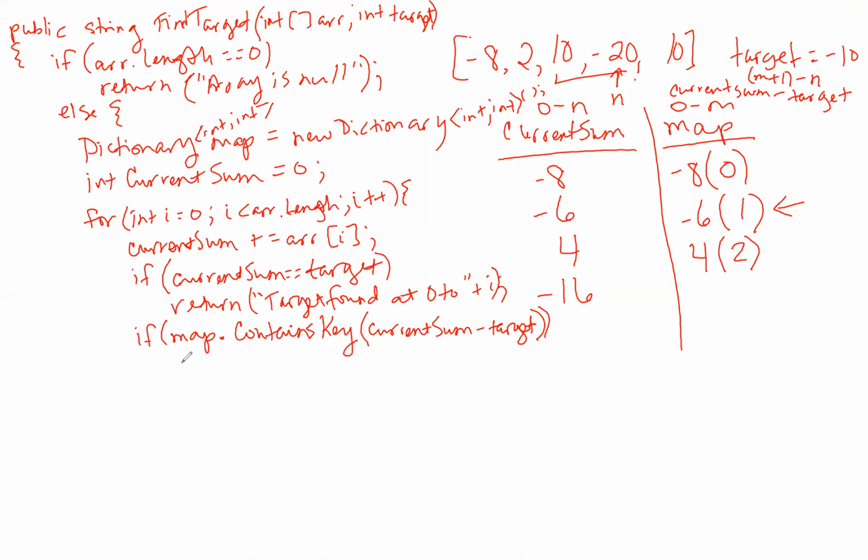And so then we would just return the indices that it's in. Let's go ahead and get that value. We want the map at current sum minus target, and we want to add 1 to that.